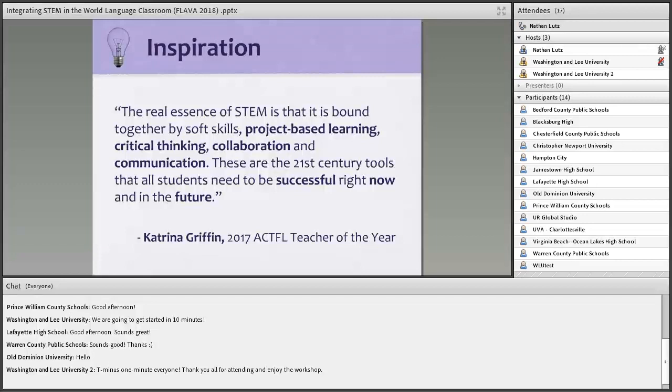But STEM is really more than that. It deals with integrating those ideas, but an approach to learning so that the learners are collaborating, communicating, using critical thinking, higher order thinking, and approaching whatever they're working on through a project-based learning lens. And all of those are really important skills that are going to take them hopefully far into their future.